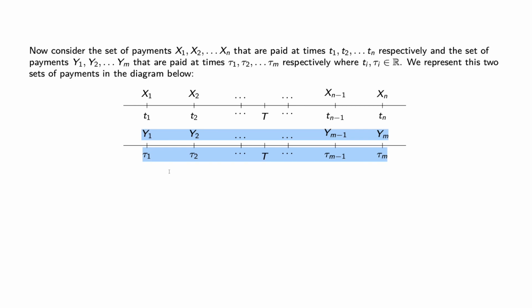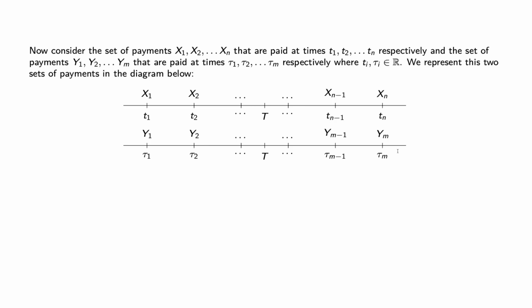They do look like they align with one another. I should note that this is just for the purposes of showing a diagram. These aren't necessarily to scale or anything of those sorts. It doesn't necessarily mean that they're aligned. Tau m is not necessarily aligned with tn. It's just for visual depiction.